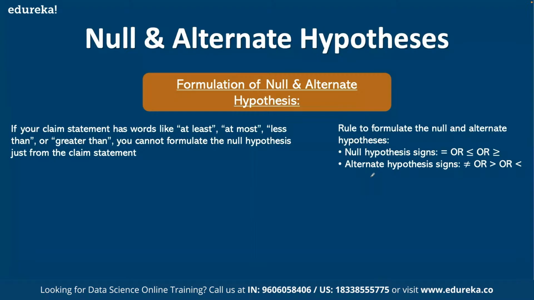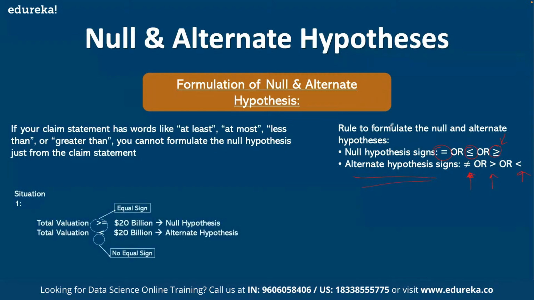The null hypothesis uses equal to, greater than or equal to, or less than or equal to, and the alternate hypothesis is the opposite of it. If I'm using equal to, it is not equal to. If it is less than or equal to, then it will be greater than. If it is greater than or equal to, then it will be less than.